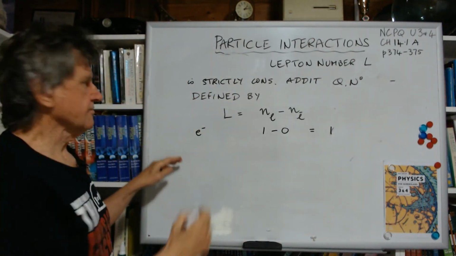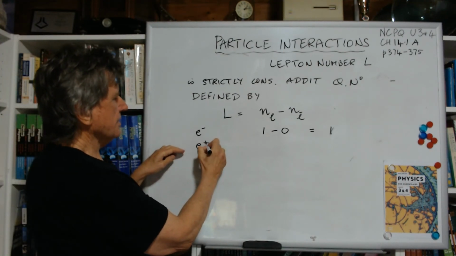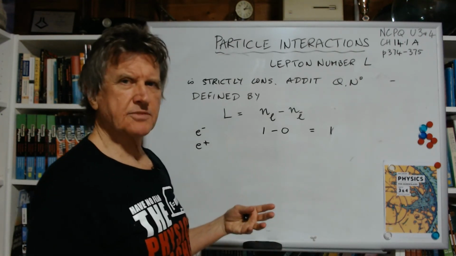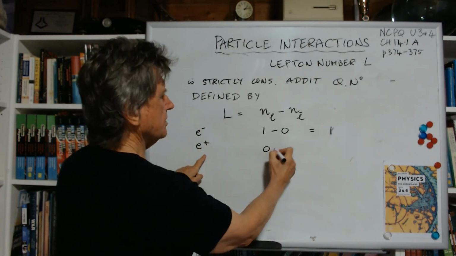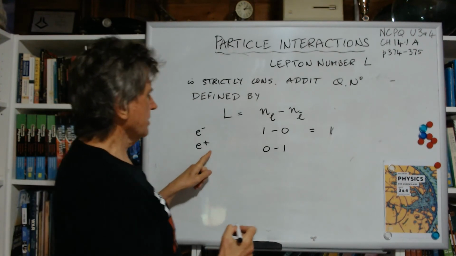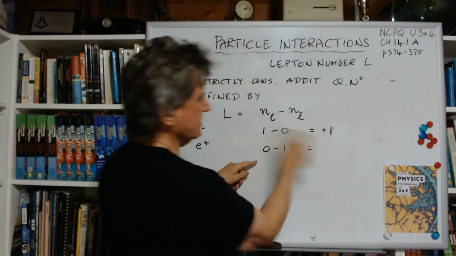Okay, now you could do that for a positron, which is an anti-lepton. It'd be number of leptons is 0 minus 1 because it's an anti-lepton. Okay, so I'll put a positive in there because that would be positive.